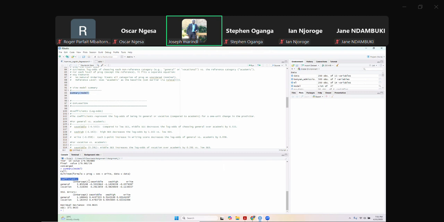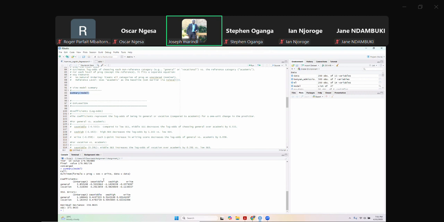for general versus academic, the middle socioeconomic status category has 0.533. When you compare this to the low socioeconomic status, the middle socioeconomic status decreases the log odds of choosing general over academic by 0.533, as can be seen here.